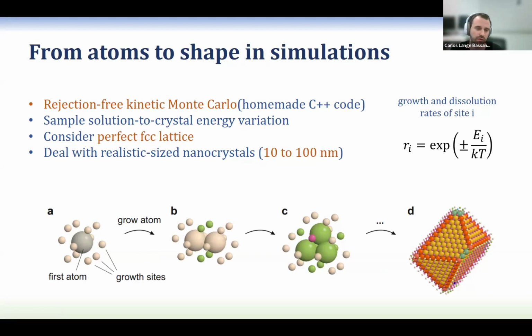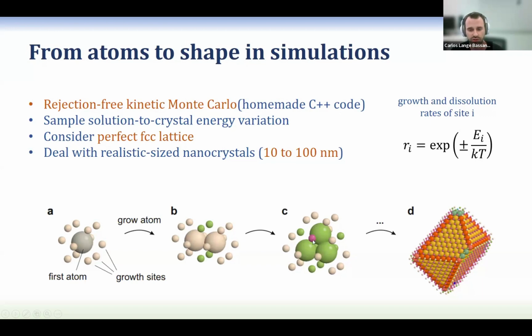And the way we decide where the new atom is going to be grown is using a Boltzmann factor, right? So there is an energy level, I'm going to talk about what energy I'm considering, and there is a temperature. So there's a Boltzmann factor. And then we can start growing atoms.